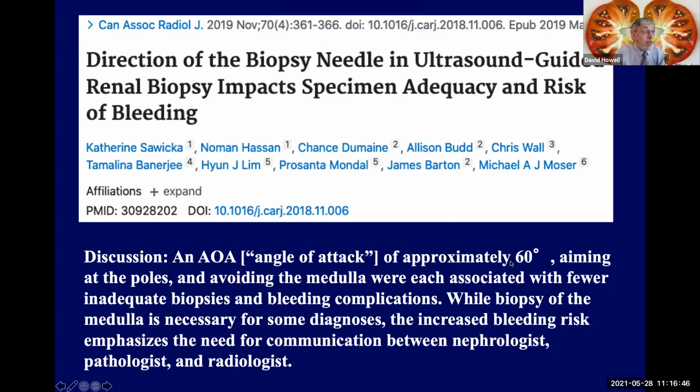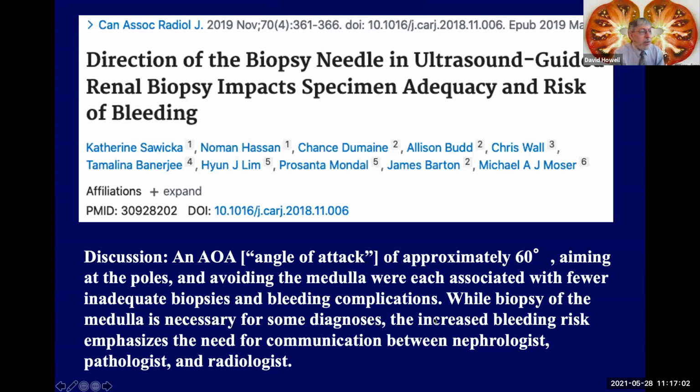And they found that an angle of attack of about 60 degrees was optimal. And if they did that, aimed for the poles and tried to avoid the medulla, they had fewer inadequate biopsies, and there's a collateral benefit of having fewer bleeding complications.